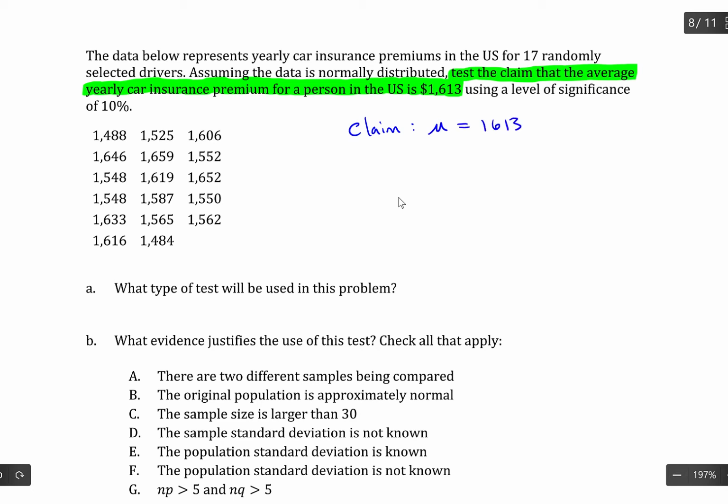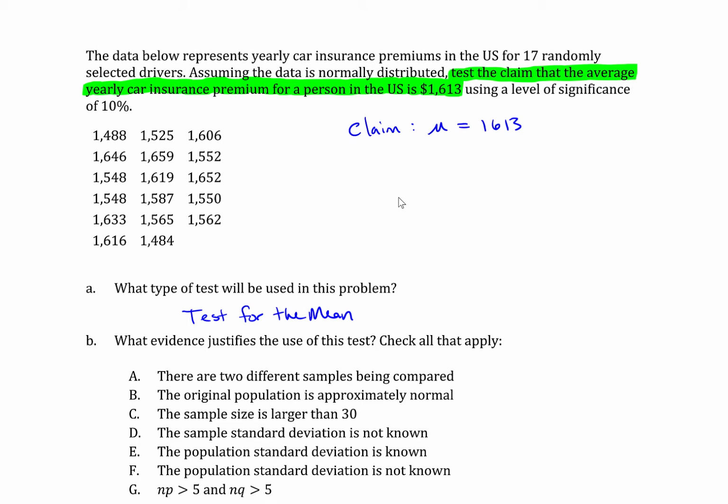So that means the claim about the population is that the mean is equal to 1,613. Because we're testing a mean, that tells us the type of test is a test for the mean. But we need to be a little more specific. We can test for the mean using either the normal distribution or the t-distribution, and that comes down to whether the population standard deviation is known.